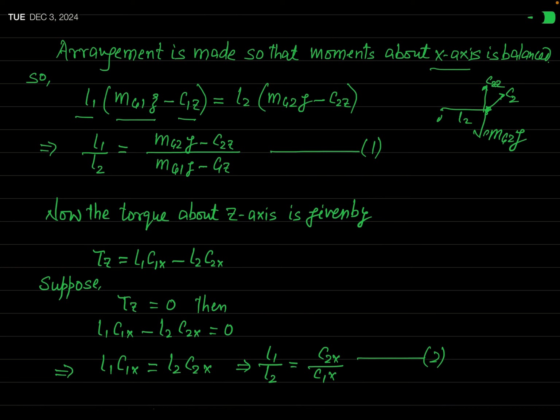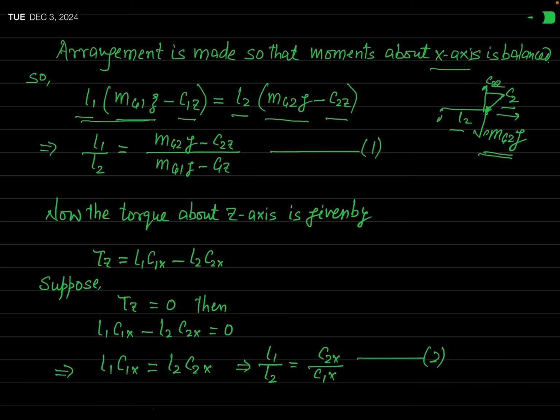The torque due to mg2 times small g will be L2 times mg2 times small g, and the torque due to the centrifugal force C2 about O will be simply equal to the torque due to its z component. The senses of both of these torques acting on the second body are just opposite, so that will be L2 times mg2 times small g minus C2z.